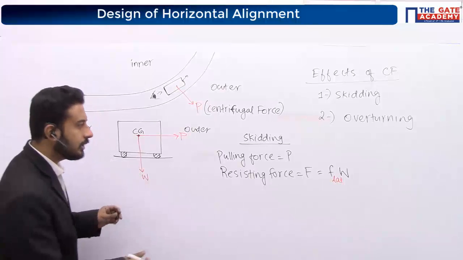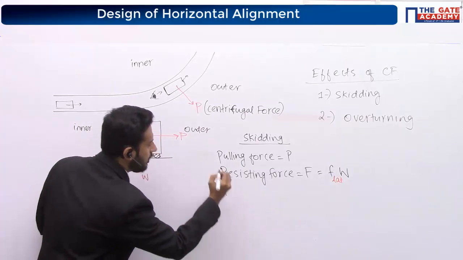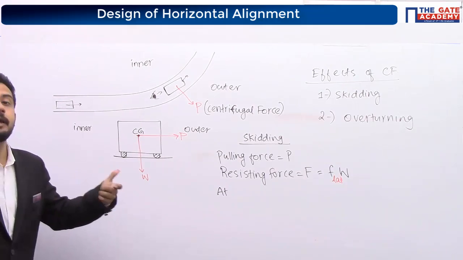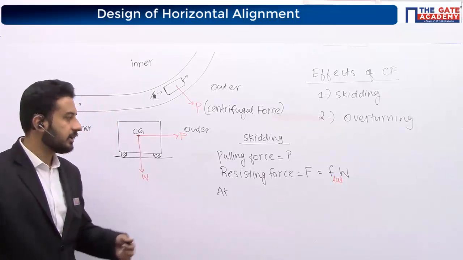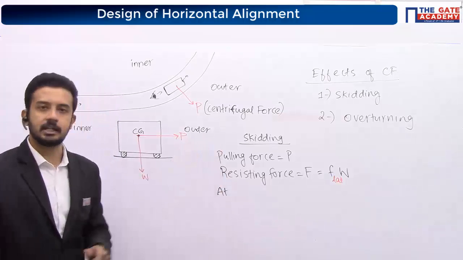At equilibrium, whenever the pulling force is more than your resisting force, a skid will happen.